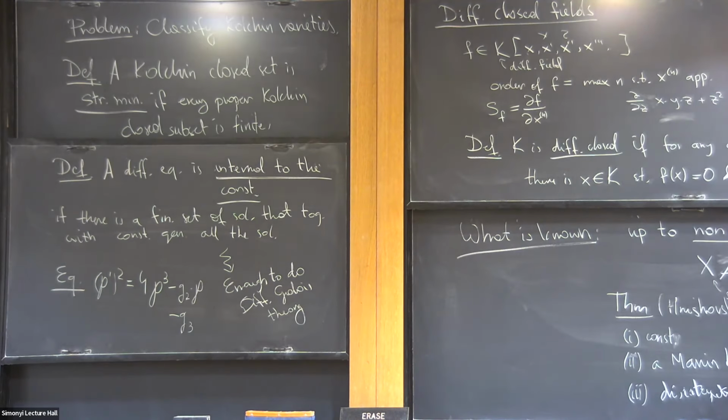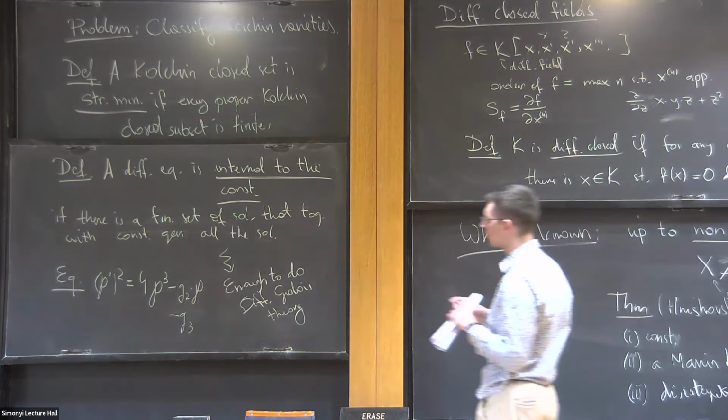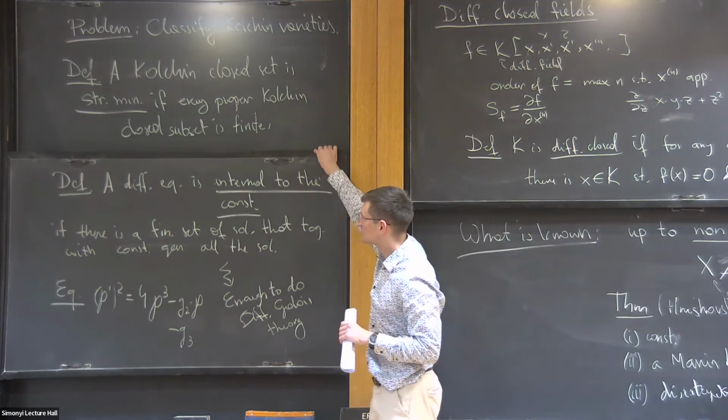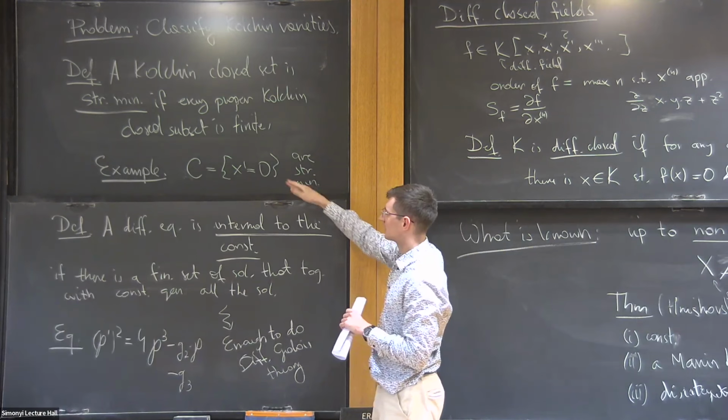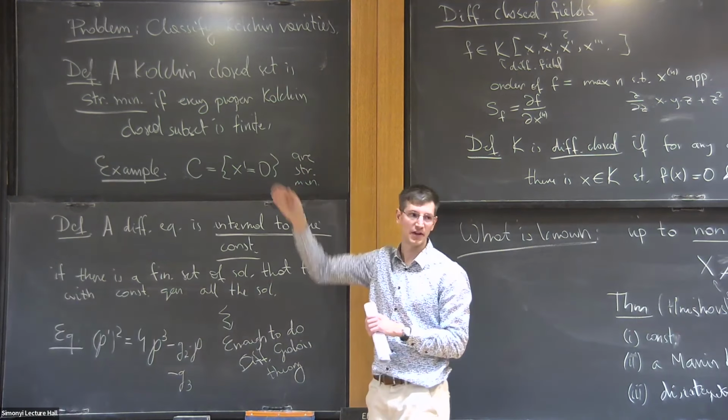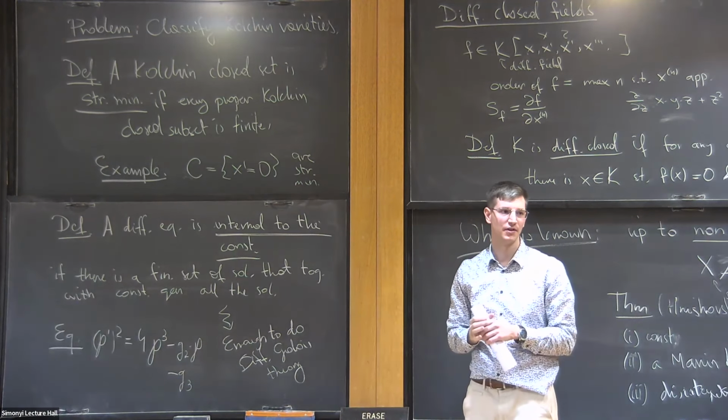Is it false that differential Galois theory works with this internal to the constants assumption? So some things do work. For example, from this point of view, constants are just some curve, and you can do it over other curves.